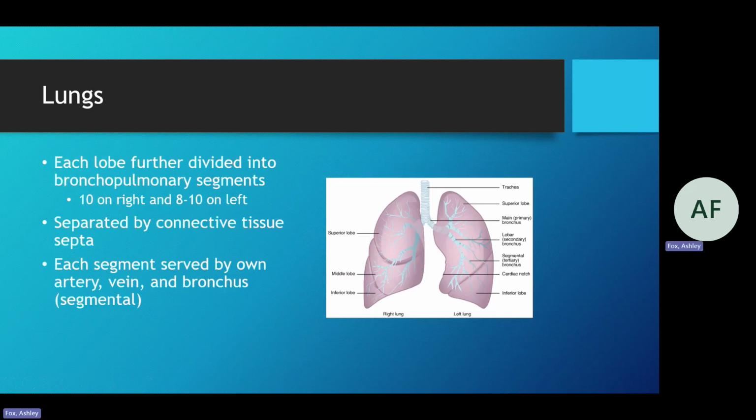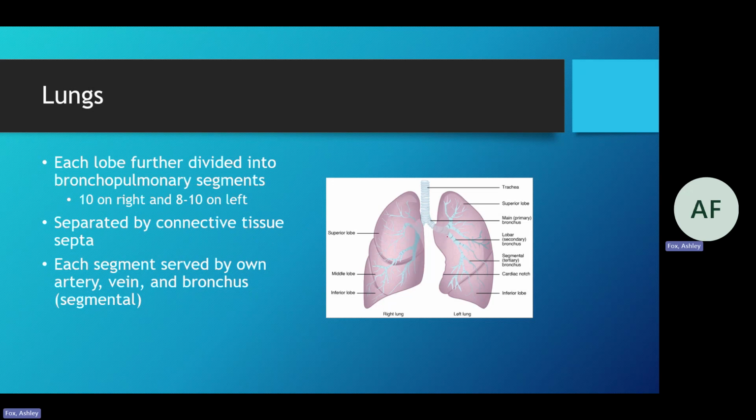Each of our lungs is then divided into segments that we call bronchopulmonary segments because they're supplied by different bronchi. So we have the lobar bronchus, segmental bronchus, all going down. So there's even more separation of the lungs, and you can actually see separation.